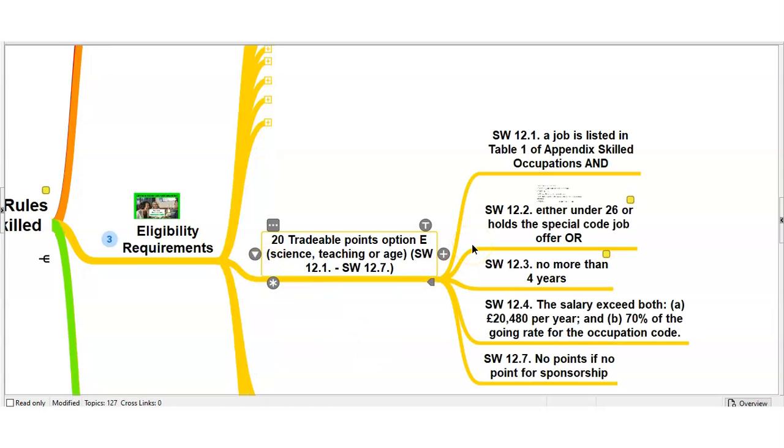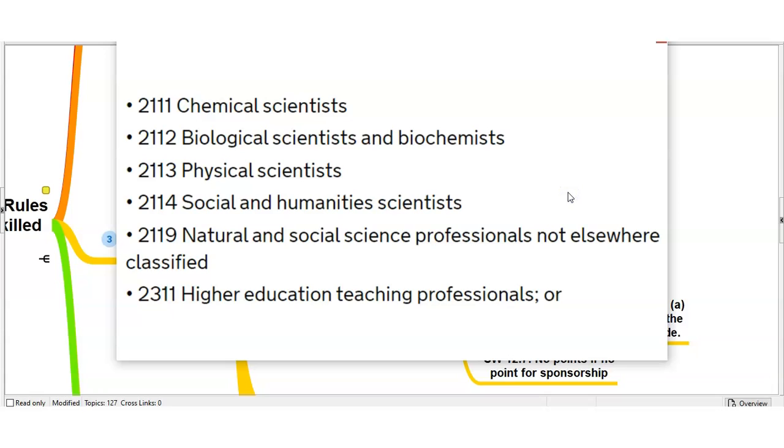So they say that you will be eligible to apply under option E if your job is listed in table 1 of the appendix skills occupation, and you are either under the age of 26, or you are applying as a chemical scientist, biological scientist, and a biochemist, physical scientists, social and humanities scientists, natural and social science professionals not elsewhere classified, or higher education teaching professionals.